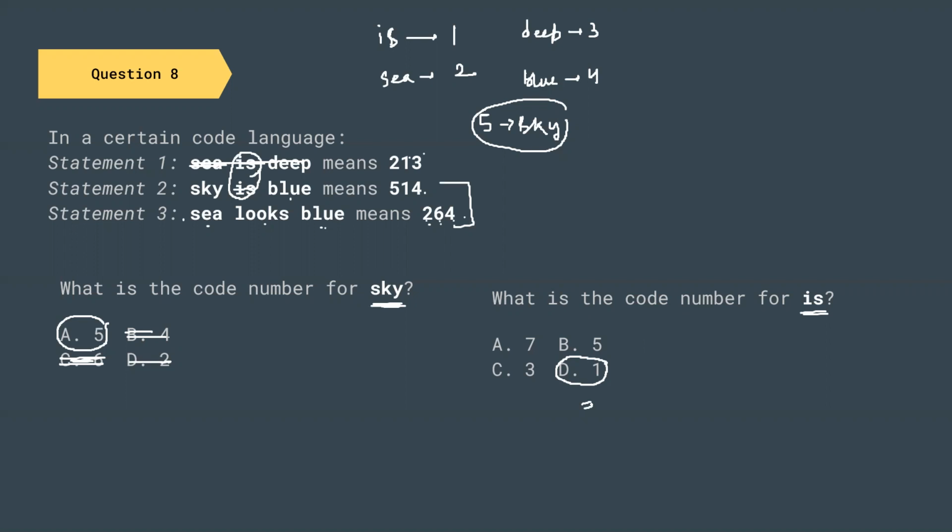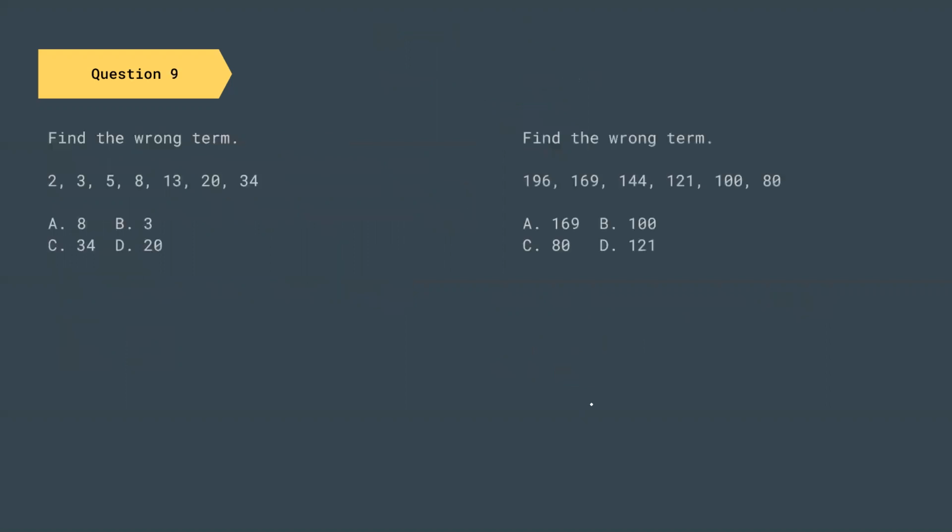So now let us go to the next question. This is a number series question. A series is given and you have to find the wrong number in the particular pattern. So what we have is 2, 3, 5, 8, 13, 20, 34.